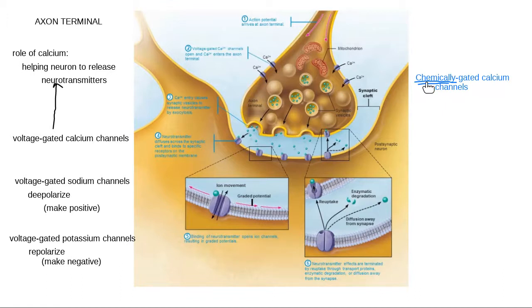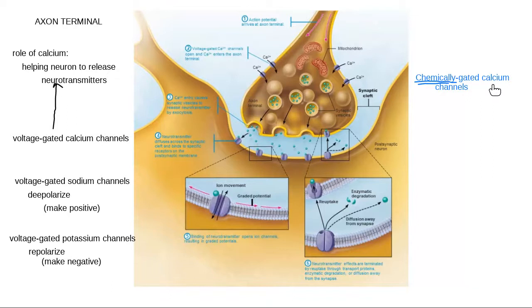And remember, the only thing that calcium is supposed to do is help me spit out neurotransmitters at the axon terminal. All of my chemically gated channels are found on my dendrites, but I do not have chemically gated calcium channels because my dendrites don't ever spit out neurotransmitters. Only the axon terminal does.